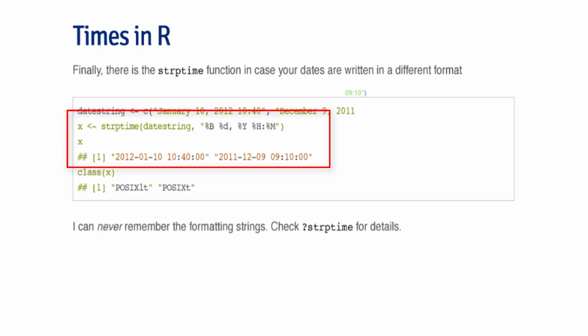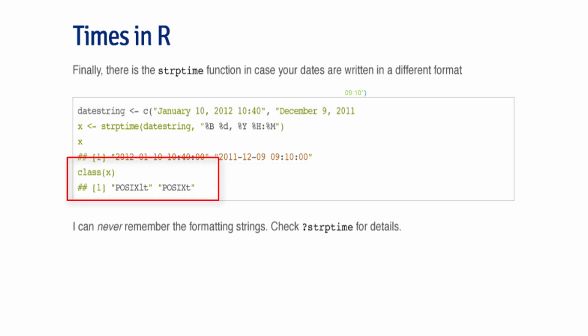You can see that after I call strptime, I print out x, I get these time objects that are printed out in the standard format. When I look at the class of this object, you will see it's in POSIXlt format, and so that's the underlying list format here.